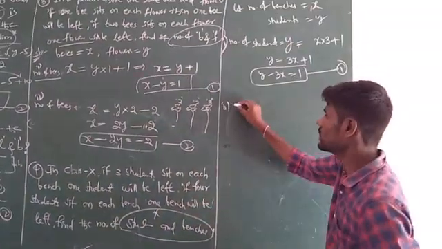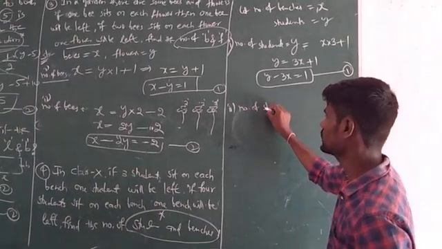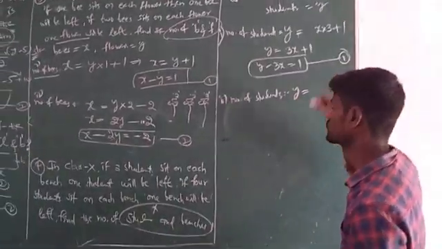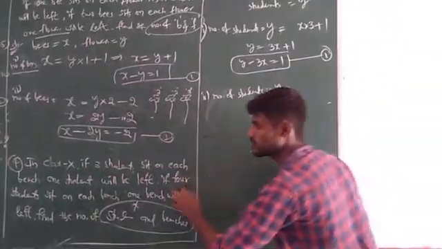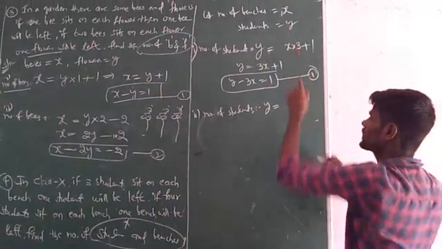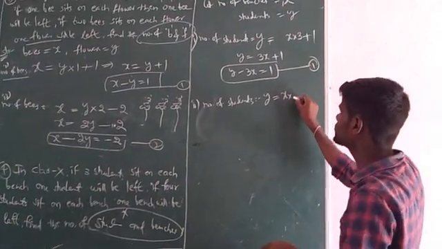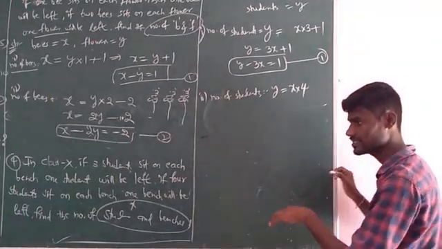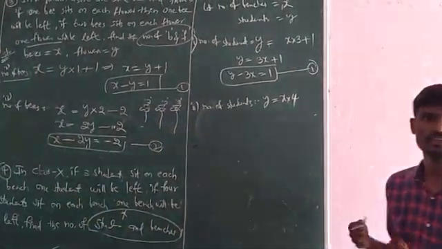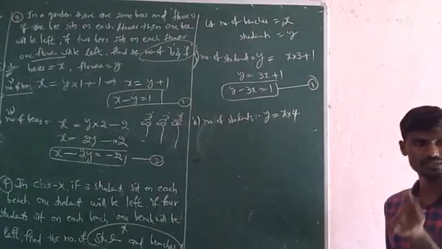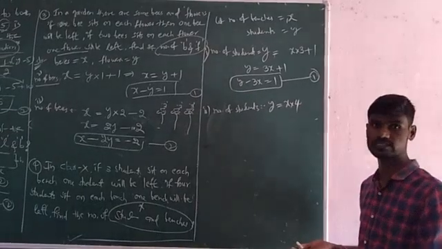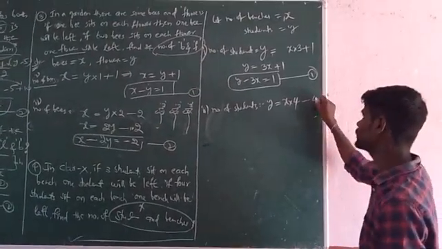So the number of students in the second condition is what? y equals, see, 4 students sit on each bench, and the benches are x, so 4 students each. If they sit in that manner, one bench will be left. One extra bench, but each bench occupies how many students? 4. So one bench is nothing but 4 students. That is minus 4 here.